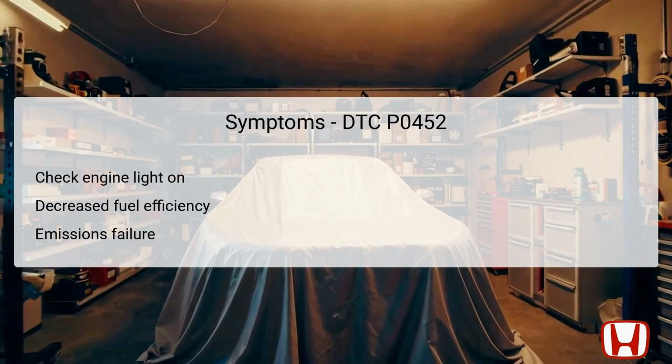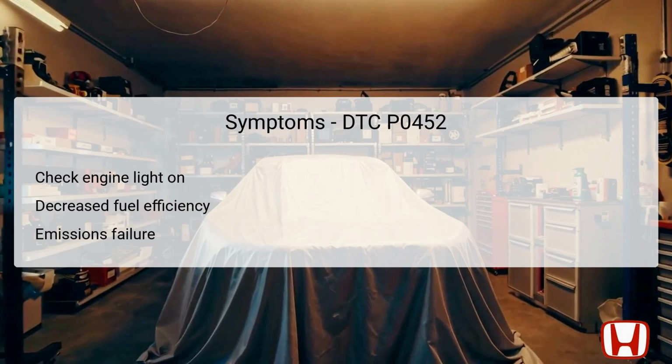When experiencing the DTC P0452, several symptoms may arise that indicate an underlying problem with the fuel tank pressure sensor. The most obvious symptom is the illumination of the check engine light on the dashboard. This alerts the driver to a malfunction within the vehicle's engine management system.